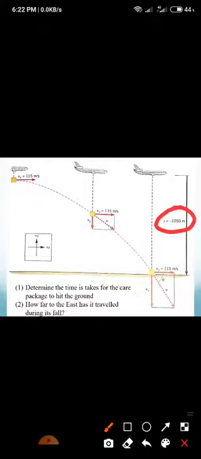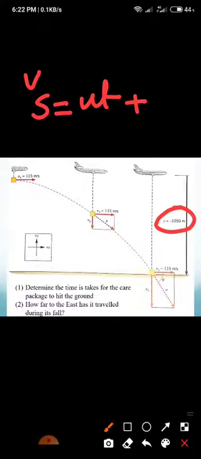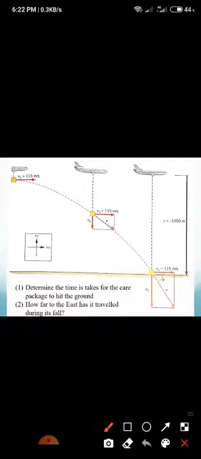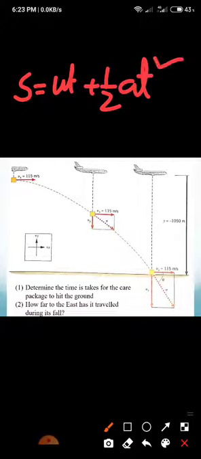So when you want to get this information, s equal to ut plus half at square, then you have to write s equal to ut plus half at square.